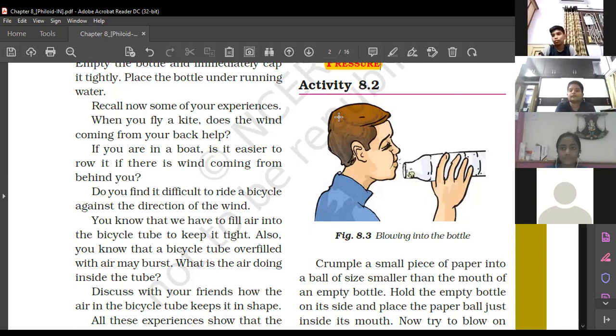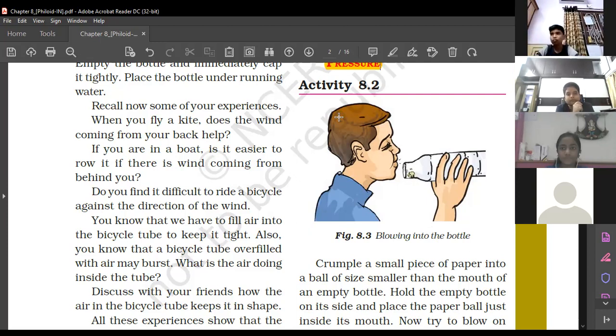So if you keep the bottle in the horizontal position, when you are blowing into the bottle, near the mouth of the bottle, the wind speed is very high. Whenever the wind speed is very high in a region, automatically the air pressure is very, very low. So near the mouth of the bottle, the wind speed is very high and the air pressure is low. But at the bottom of the bottle, what will happen?